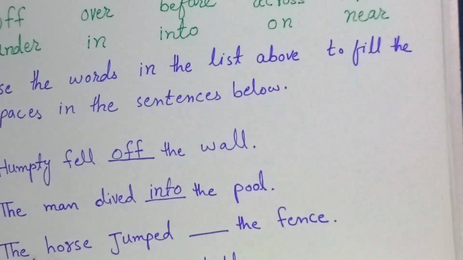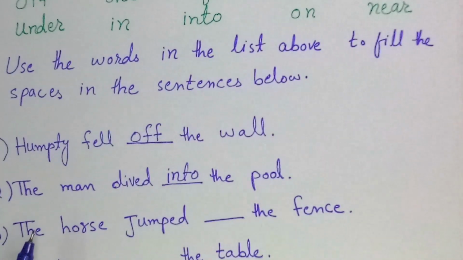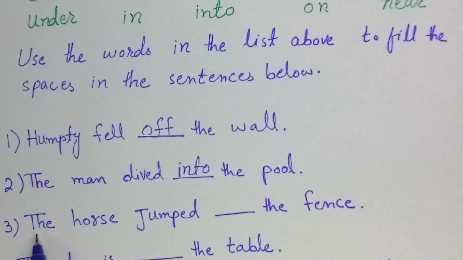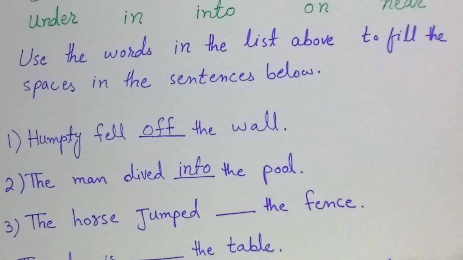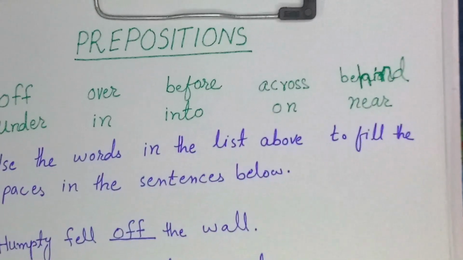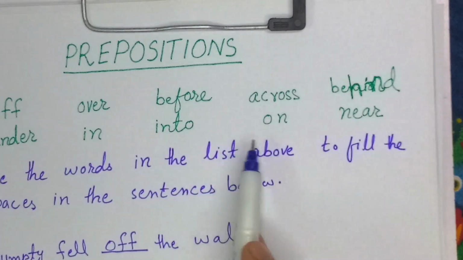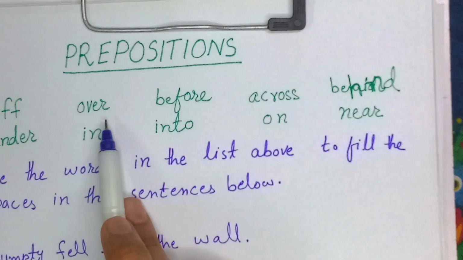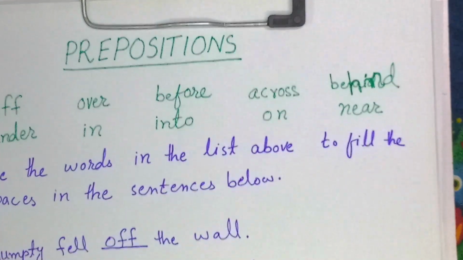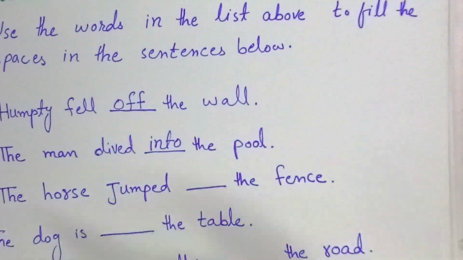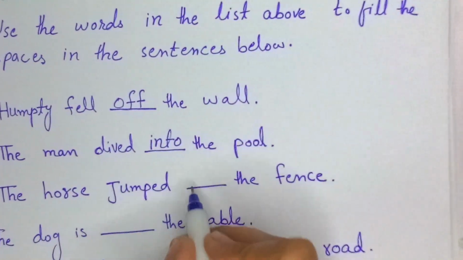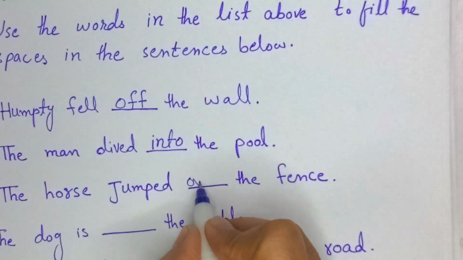Okay, now moving to the third one. Here we have the horse jumped dash the fence. Now what do you think, guys? Can we use across the fence, or we can use over the fence? Yes, the horse jumped over the fence.